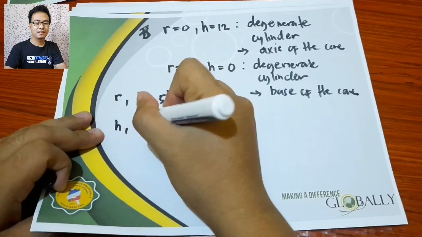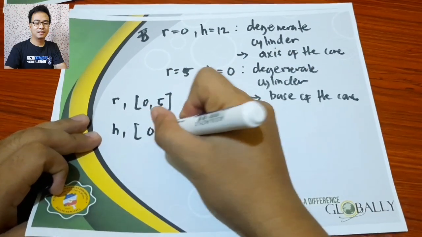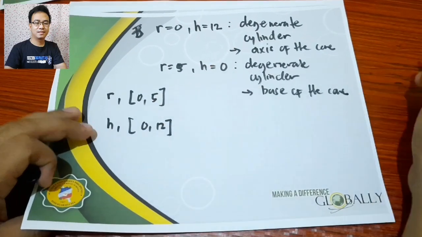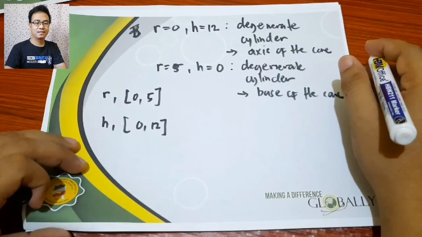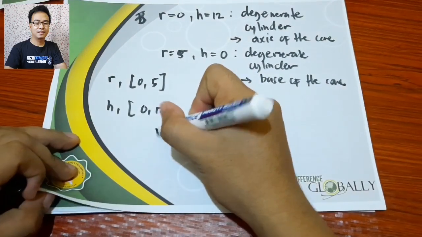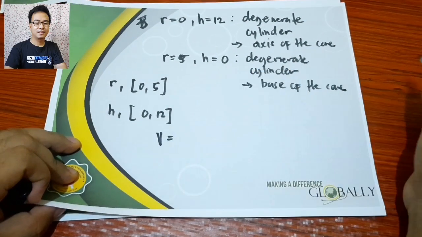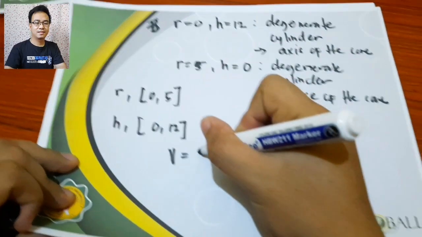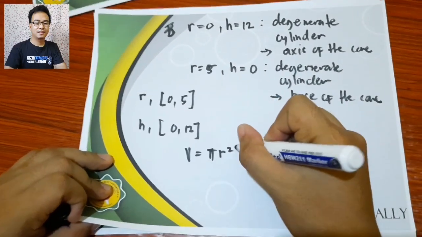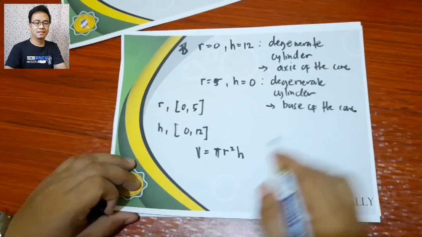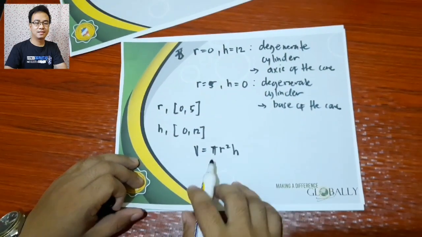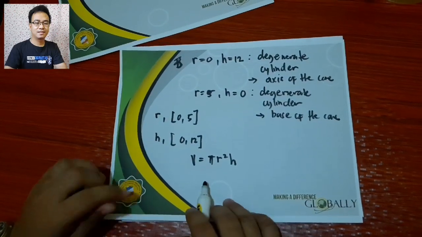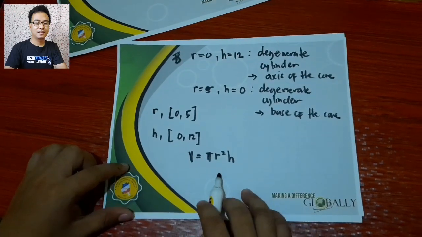And in H, we are working on closed interval 0 and 12. Okay. We know for the fact that getting the volume of a cylinder, we have this formula, V equals pi r square times height. Now to express this formula in terms of a single variable, we need another equation involving R and H.